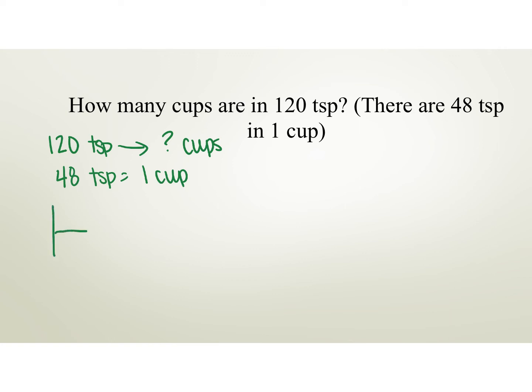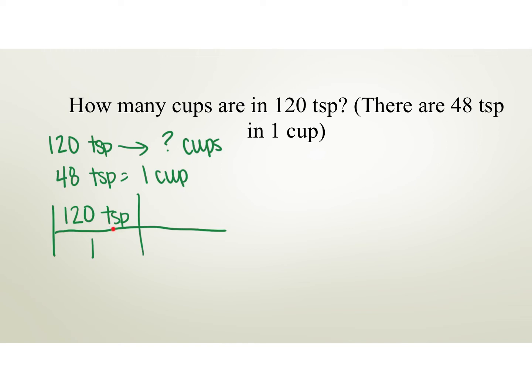So now that I know how I'm going to do the problem, I can actually start drawing the boxes. What number is going to go in that first box? We could just do this mathematically. So you start with the number given. Okay, 120 teaspoons. And then what unit has to go in the bottom? Cups.